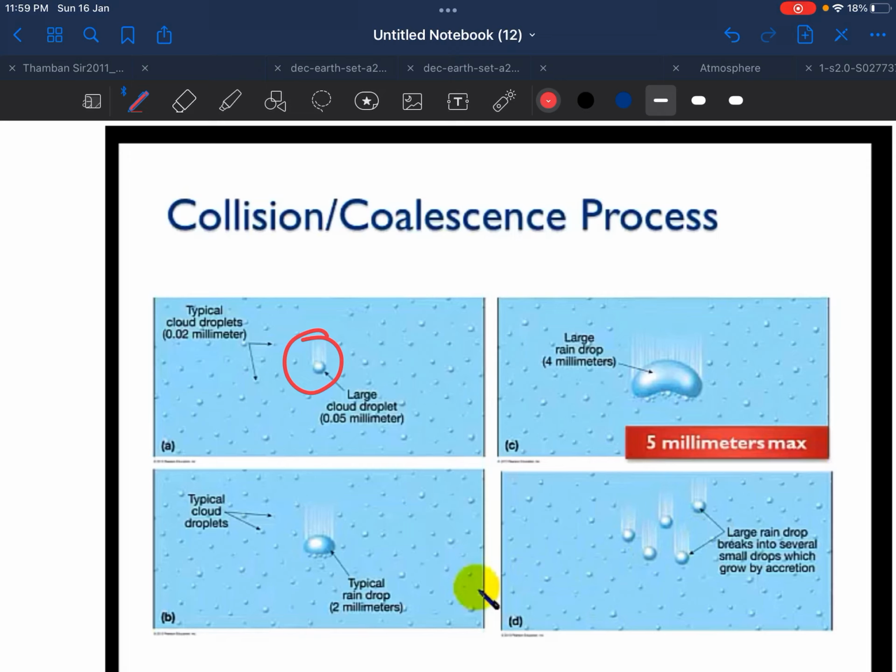As it falls down, there is a change in the shape. In general, we assume that cloud droplets have a tear shape, but here you can see these droplets are not in the tear shape. They are slightly, you can say, donut-like structure, oblate donut-like structure. Okay, it's not a tear one.